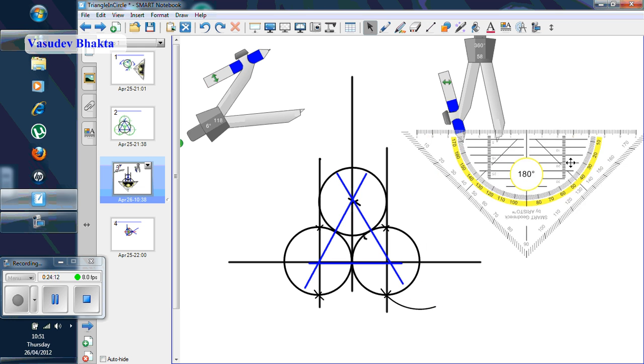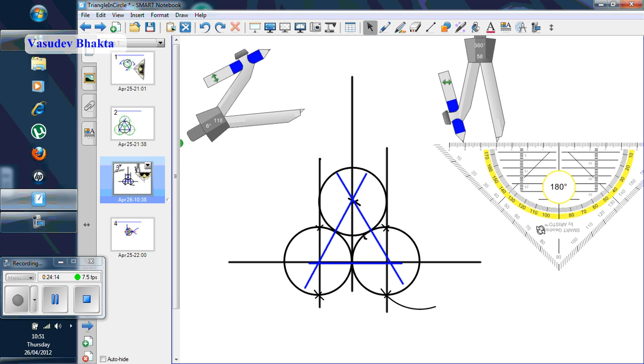But if you were to draw this, it would be a lot more accurate on a piece of paper. I'm using software to do this, and it's quite difficult to pinpoint the points where we need to put our compass. What I've got here is our equilateral triangle. Now, to place the circle around this equilateral triangle is quite intuitive in itself.